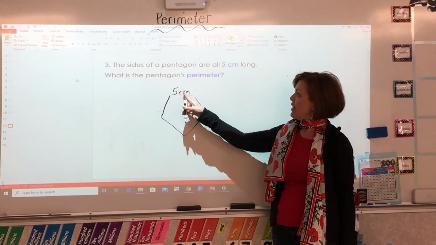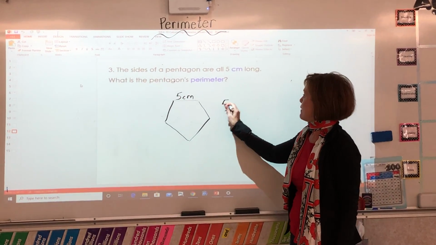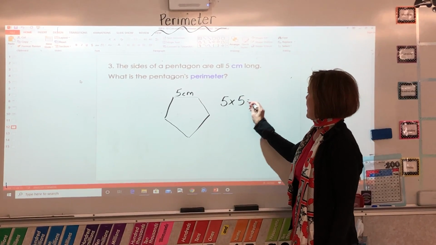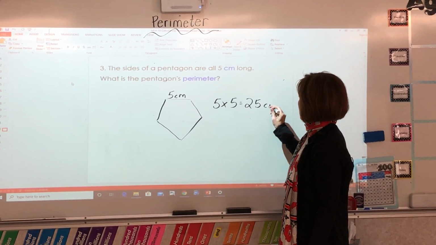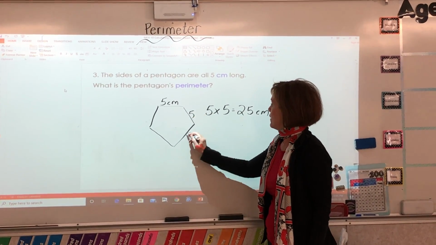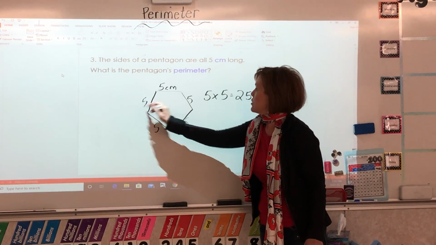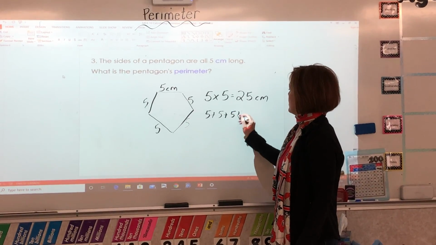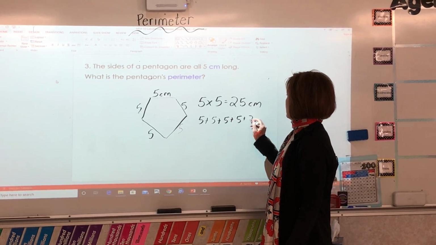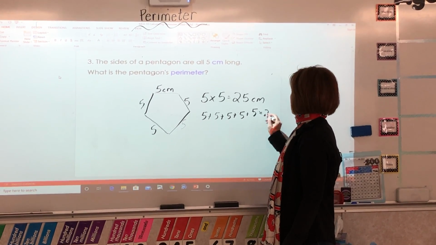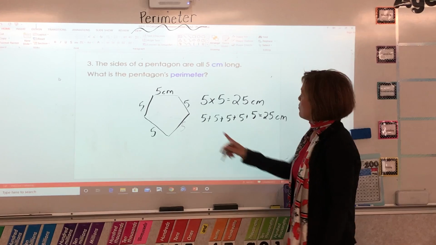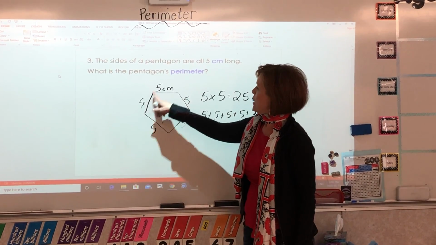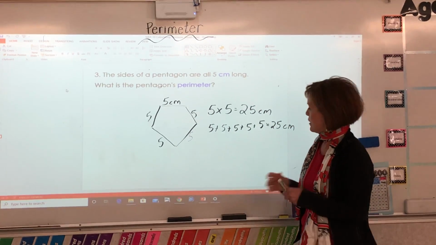Well, I know there's 5 sides, and I could times that by 5 and get 25 centimeters. Or I could add 5 five times, which is the same as multiplying, but I will also get 25 centimeters. We just found the perimeter, or the outside length, of a pentagon.